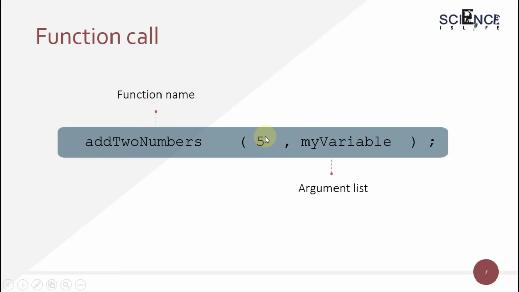So if we mention two integers, then I can put two integers here. It may be a value or a variable. Here my 5 is an integer, my variable is also an integer variable.